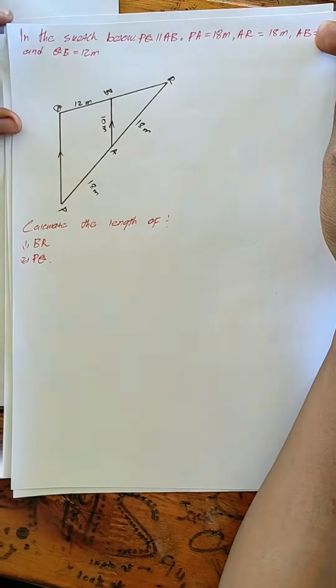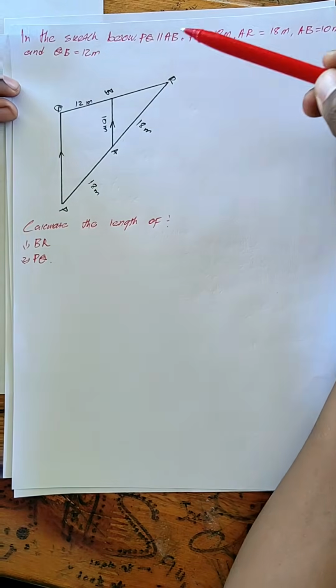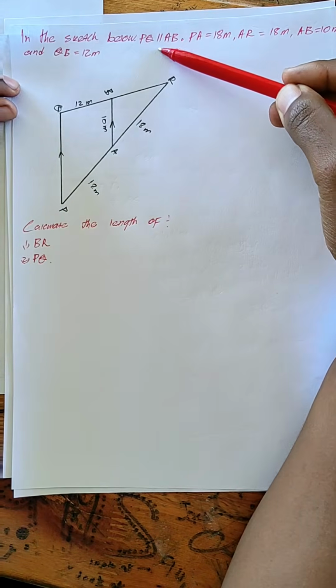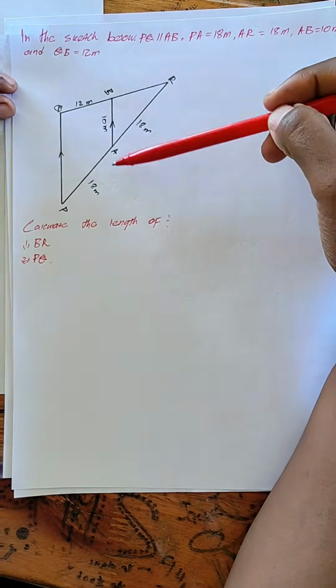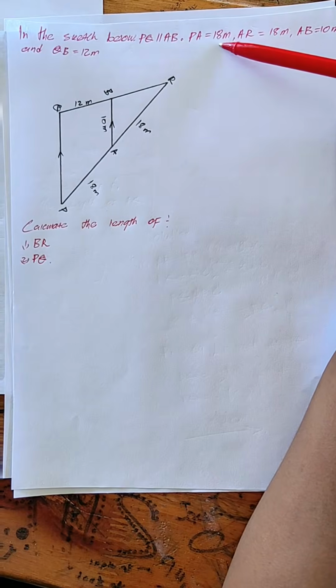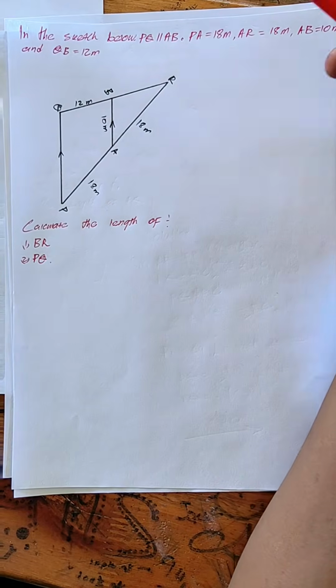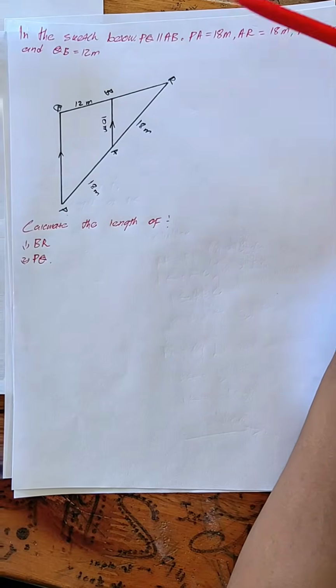how it is different from the first one. Right. In the second example, in the sketch below, PQ is parallel to AB. So we have that PQ is parallel to AB, and PA equals 8 meters.